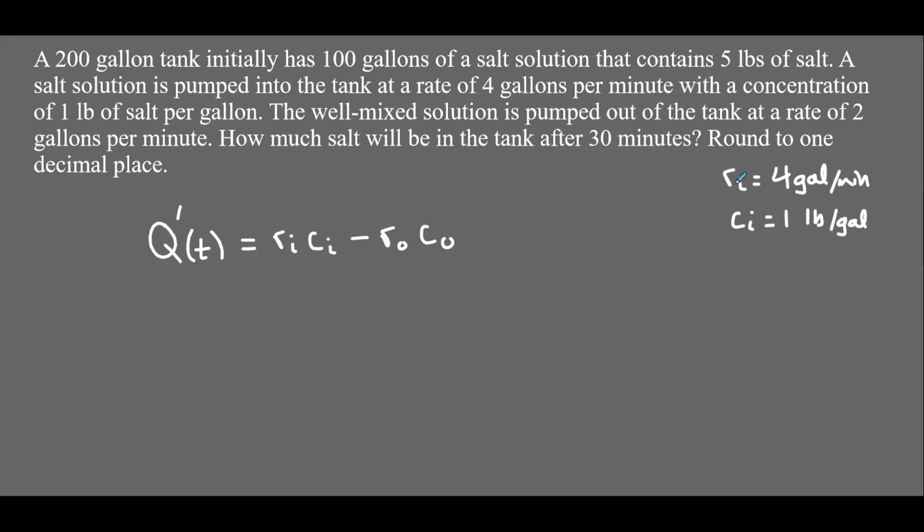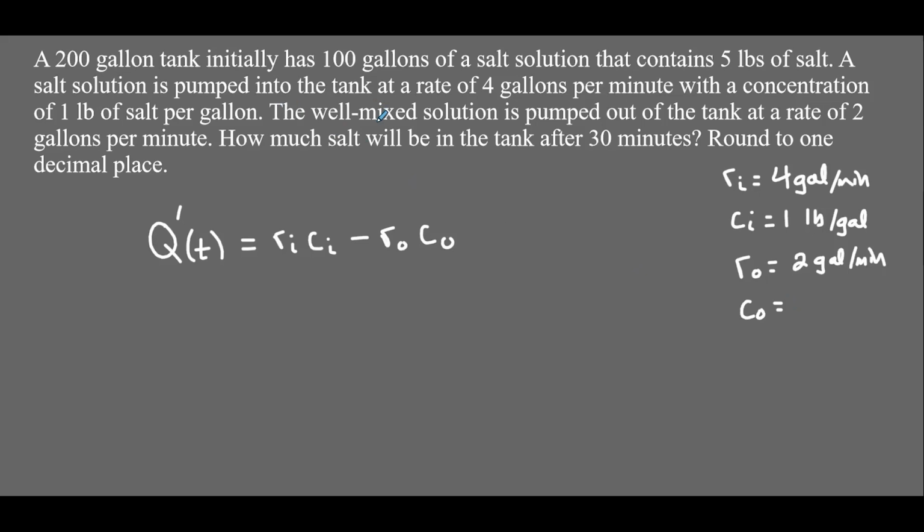You can see if you multiply these two together, the gallons are going to cancel out and you're going to get pounds per minute. So you're going to get a rate of salt going in. And then the rate going out is 2 gallons per minute. And the concentration going out, it doesn't tell us.